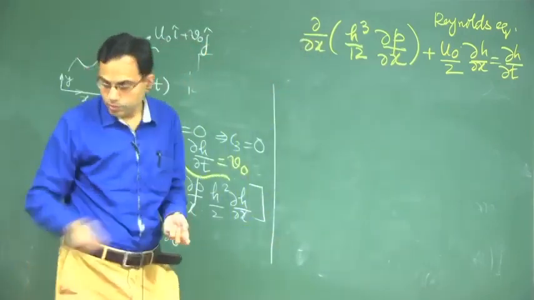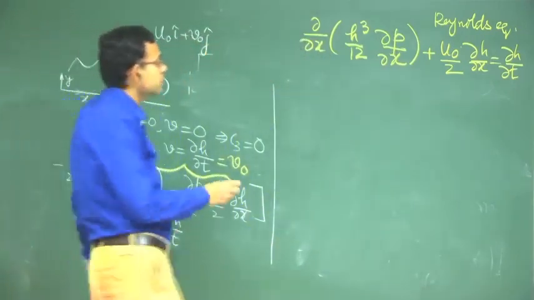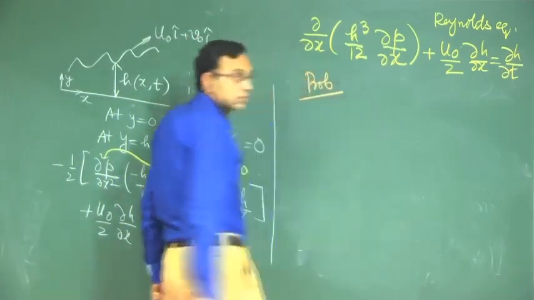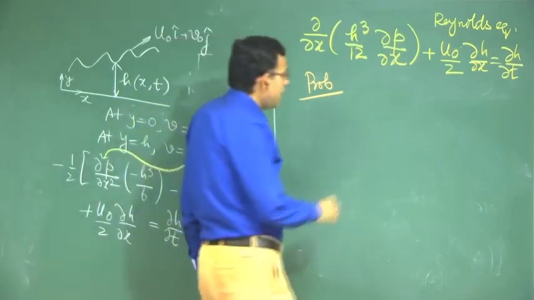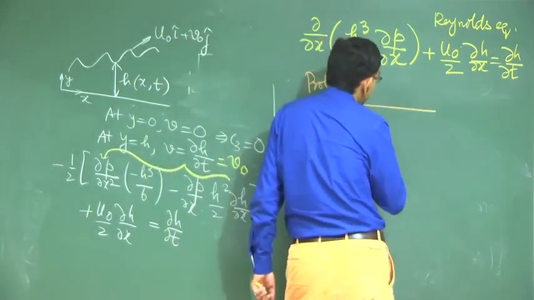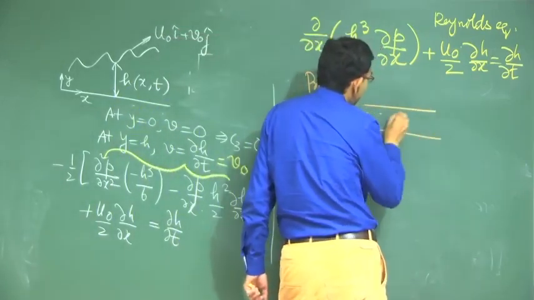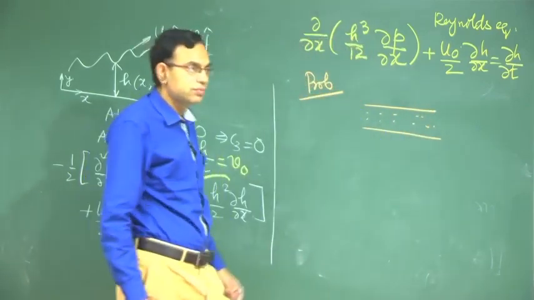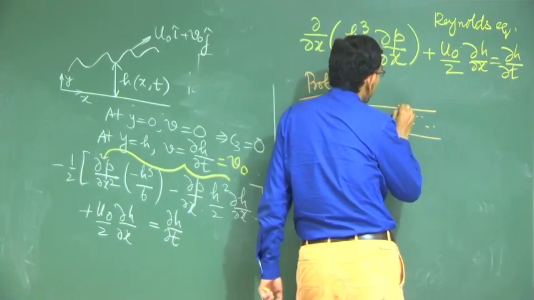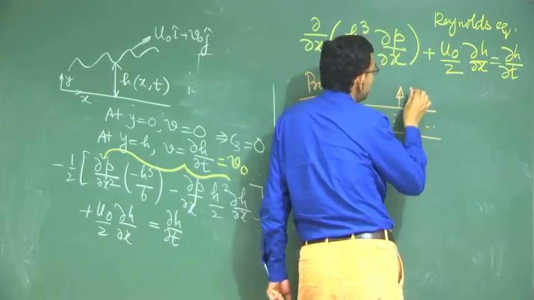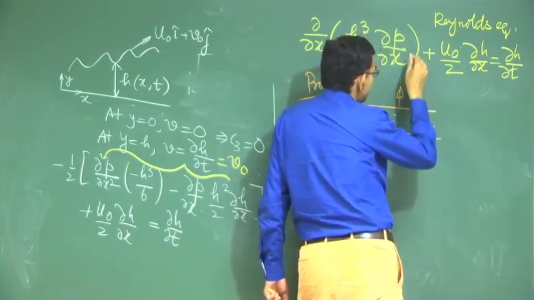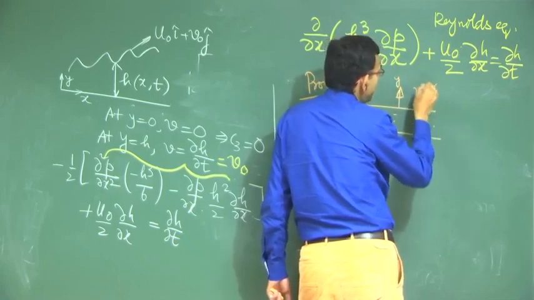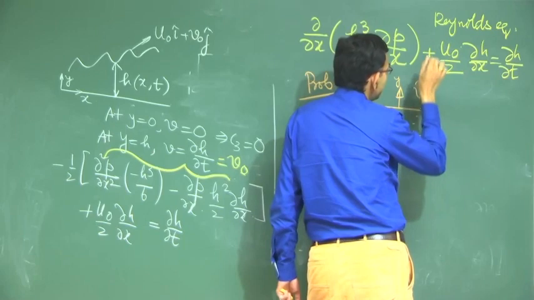So, let us work out a problem. Let us say that there are two plates and there is a layer of viscous fluid in between these two, and the top plate is moved in the y direction with a dimensional velocity, this one.